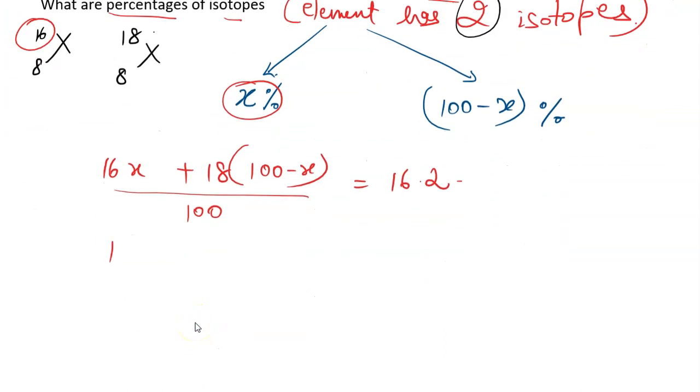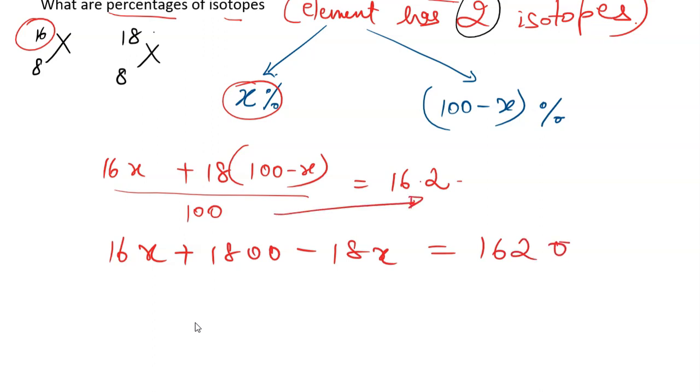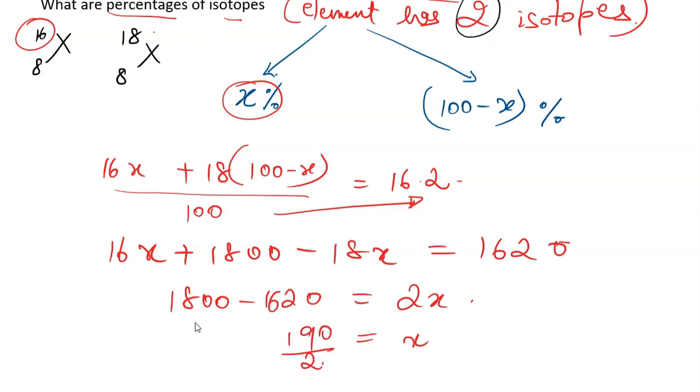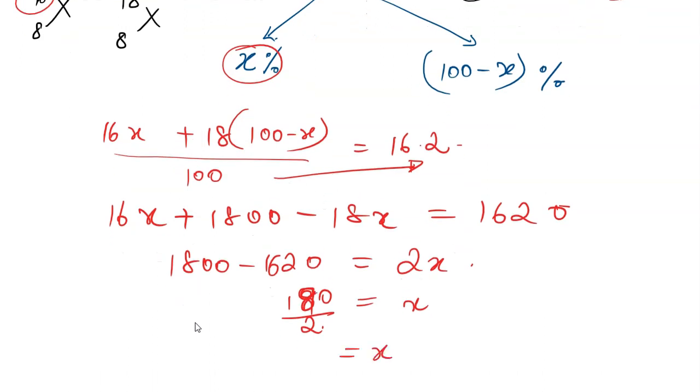If we solve this, we get 16x plus 1800 minus 18x is equal to 1620, multiplying 100 to this side. So 1800 minus 1620 is equal to 2x. So x will be 180 by 2. This will give us x as 90.